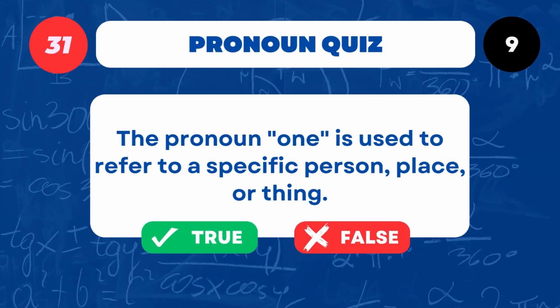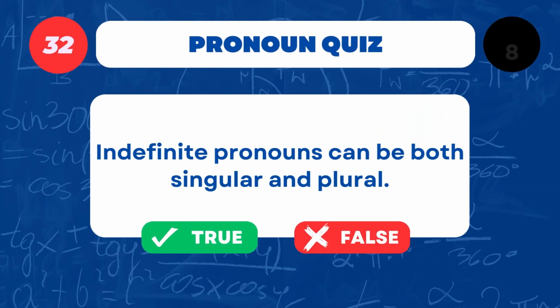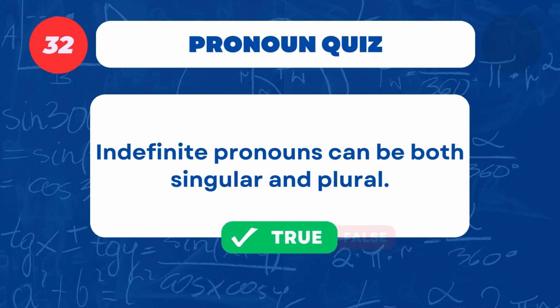The pronoun one is used to refer to a specific person, place, or a thing. False. Indefinite pronouns can be both singular or plural. True.